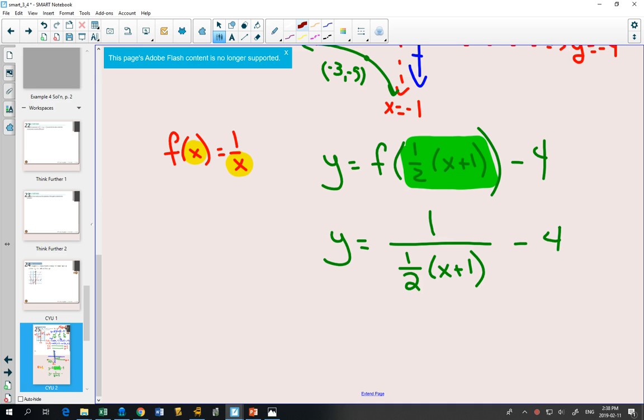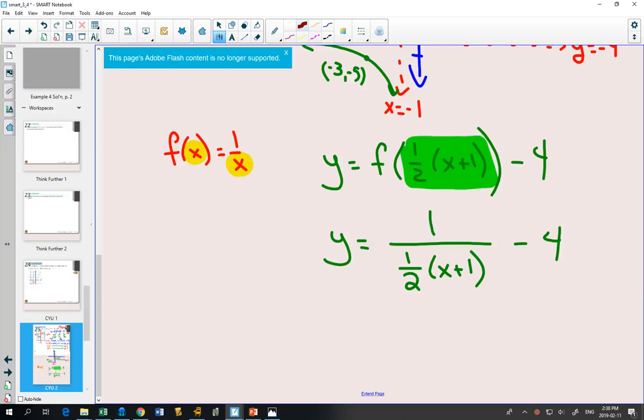And then the minus 4 outside of the function stays outside of the function. So now that I have an explicit equation, now I could find my x-intercepts and y-intercepts if I wanted to.